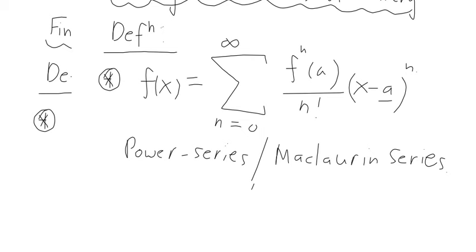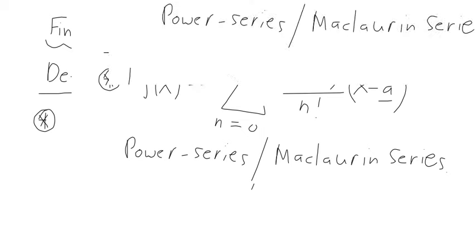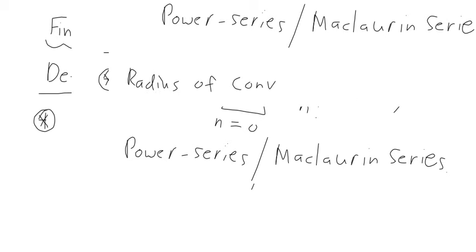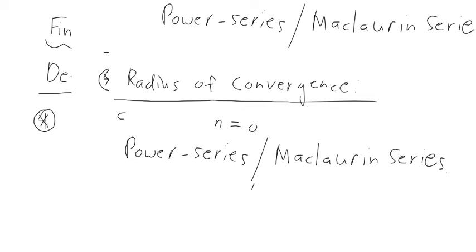The way to find the radius of convergence has particular cases that show up when we're looking at a power series or Maclaurin series. So there's case one.